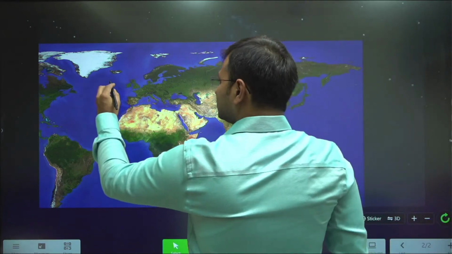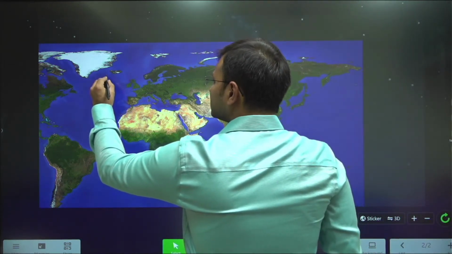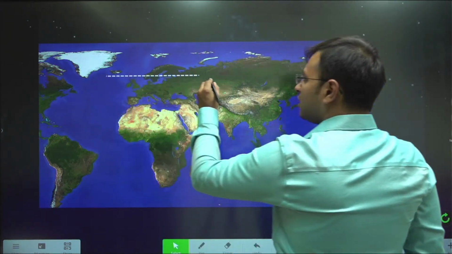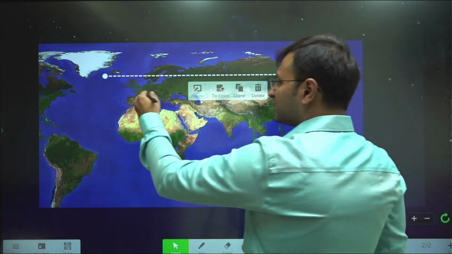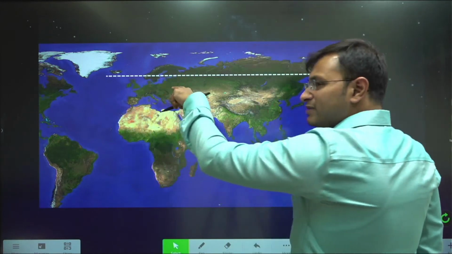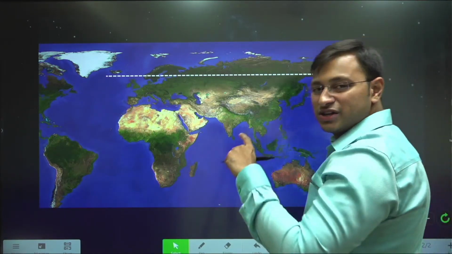So I'm considering this particular latitude, guys. Let us do this latitude from the European perspective as well as the Eurasian perspective.